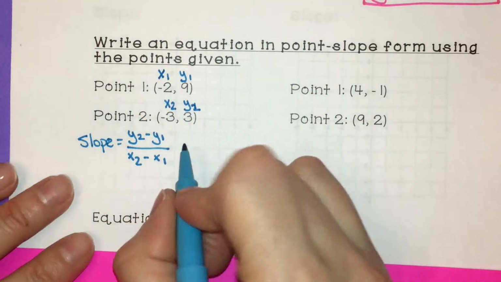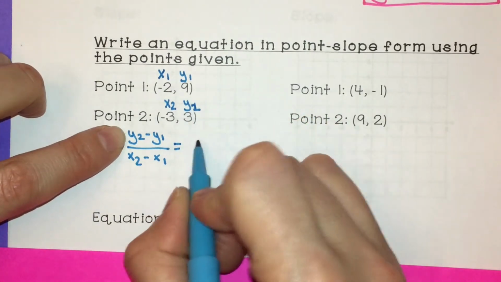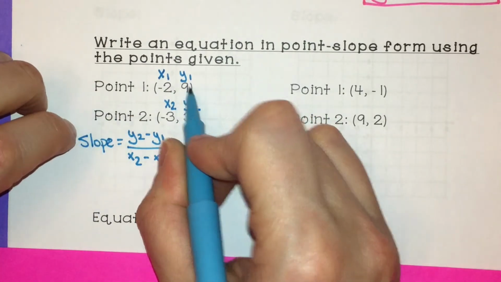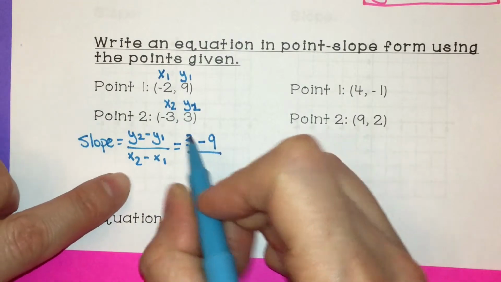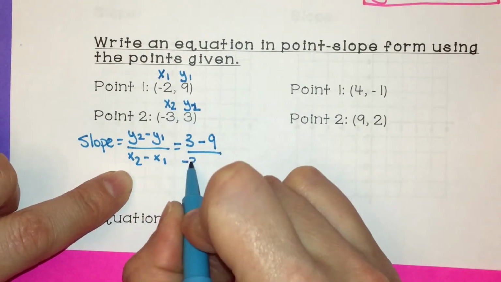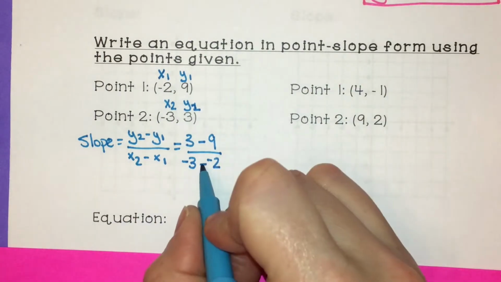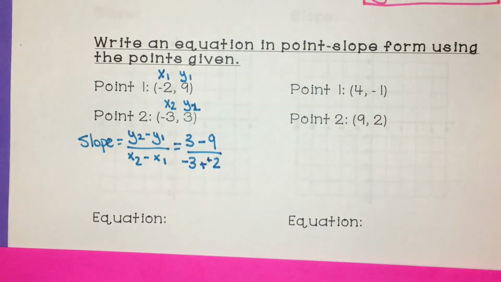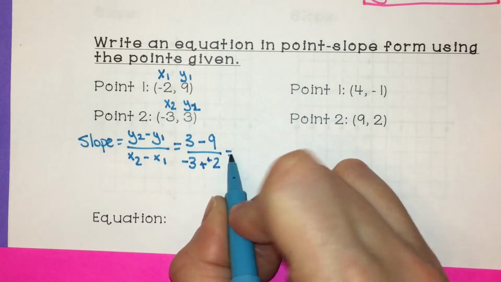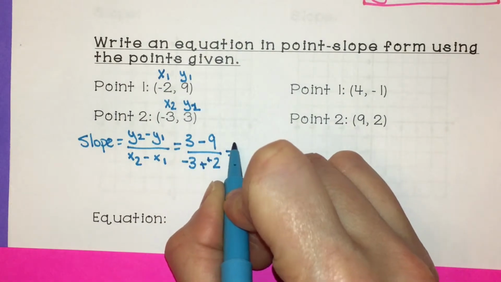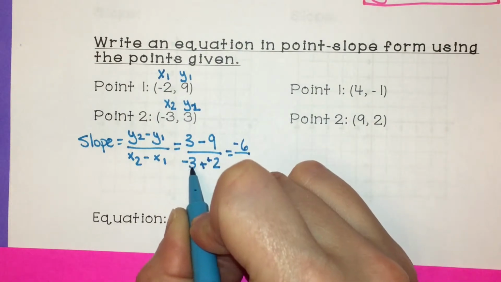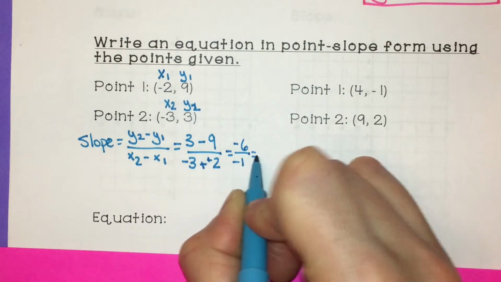Just plug those numbers in. Y from point 2 is 3, minus y from point 1 is 9, over x from point 2 is -3, minus x from point 1 is -2. Minus the negative changes to plus a positive. I'm just going to change that right away. Simplify. 3 minus 9 is -6, over -3 plus 2 is -1.